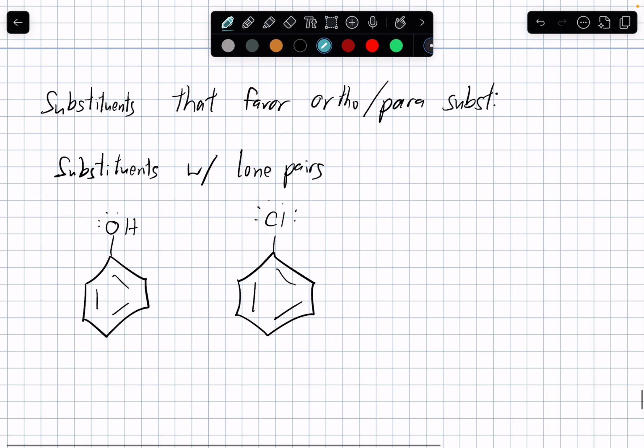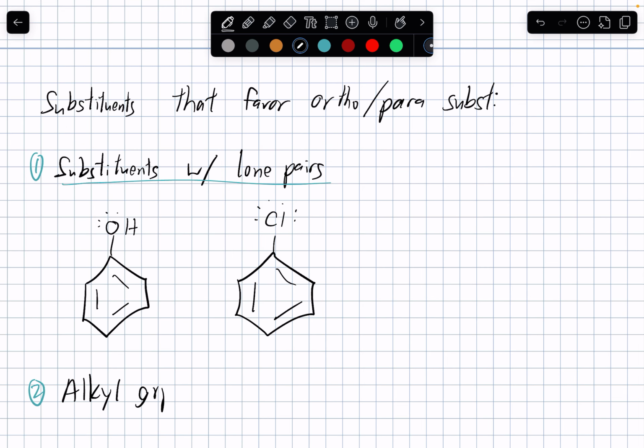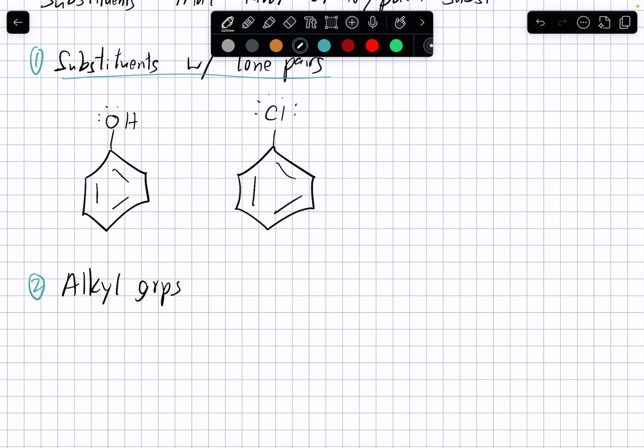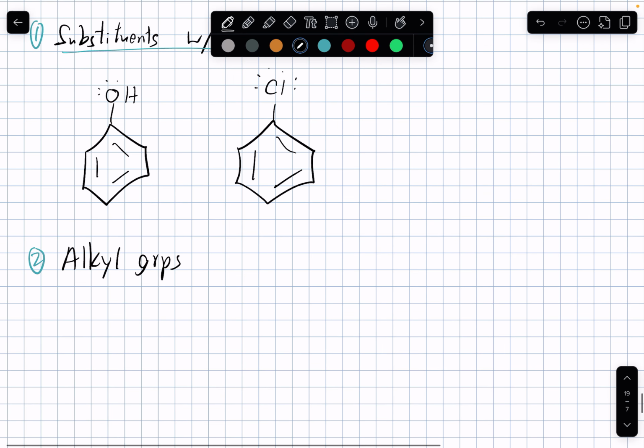Also, at the same time, it is important to note that alkyl groups also favor ortho para substitution, even if they don't have lone pairs to stabilize the positive charge. Instead, what they do is they donate electron density via hyperconjugation. Although I'm not going to elaborate more on that. It's an advanced topic, no? Hyperconjugation.